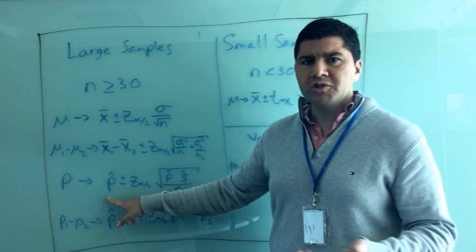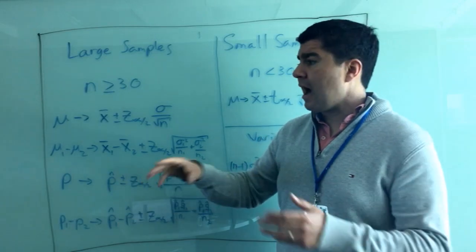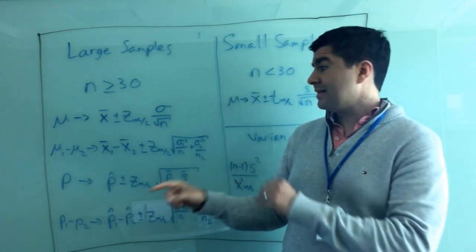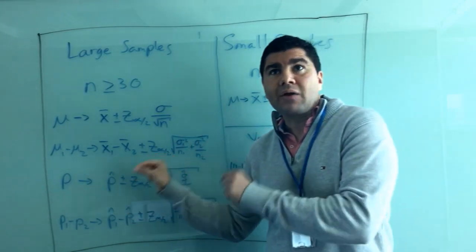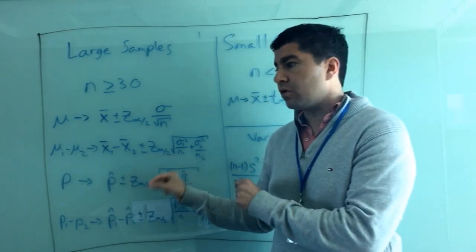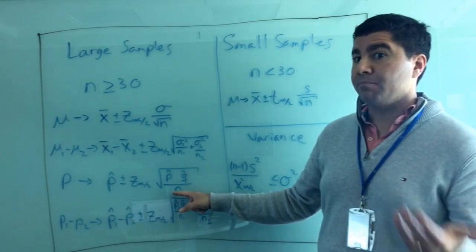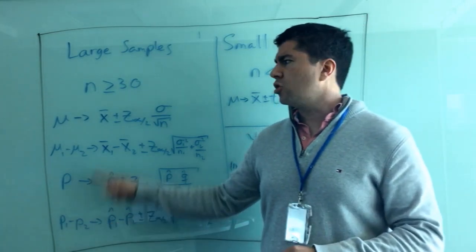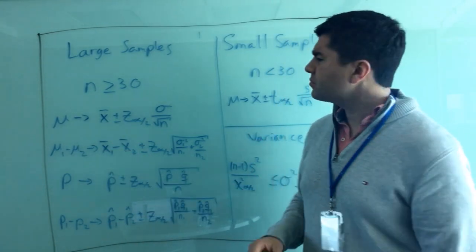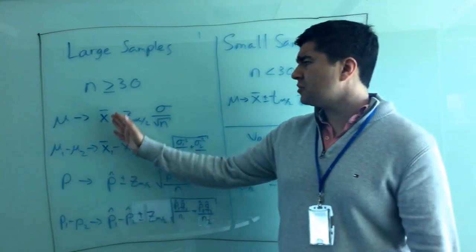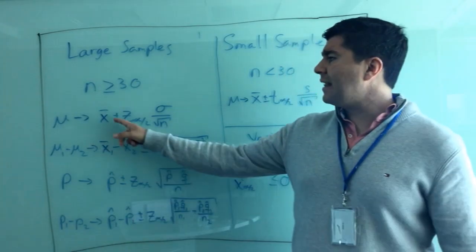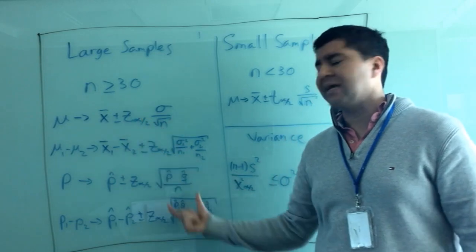How do we find the proportion? It's just a frequency: how many elements we observe that have the characteristic we are looking for, over the total number of elements that we have sampled, or a difference of proportions, just as in the case before. What you need to see is that after that estimator, we're adding and subtracting a certain element.